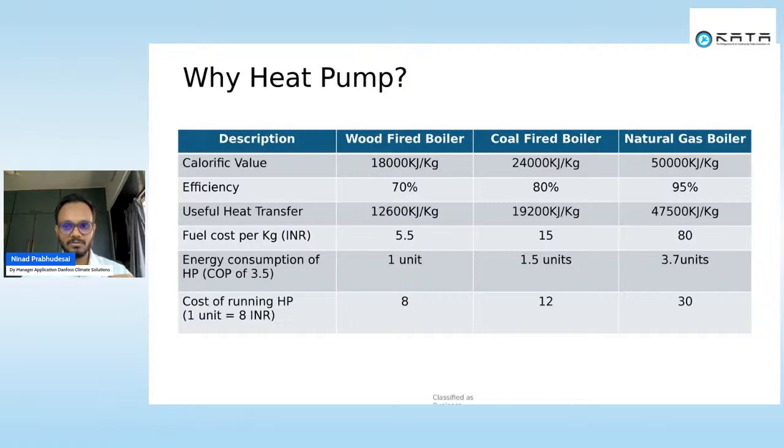So there, heat pumps are the clear winner. And if you compare with an electrical heater, then there is no doubt, because an electrical heater generally consumes 1 kilowatt per unit, whereas we have a COP of around 3.5, where we get 3.5 kilowatt of heat from 1 kilowatt. So there is no comparison at all with the heat pump.